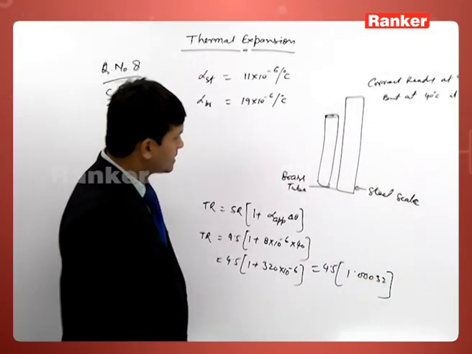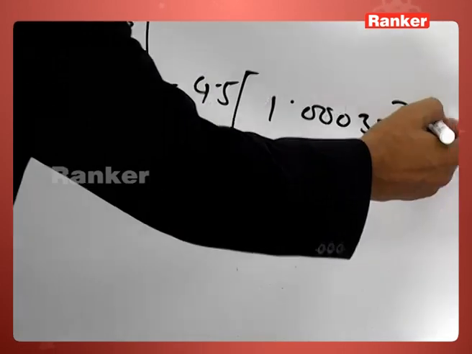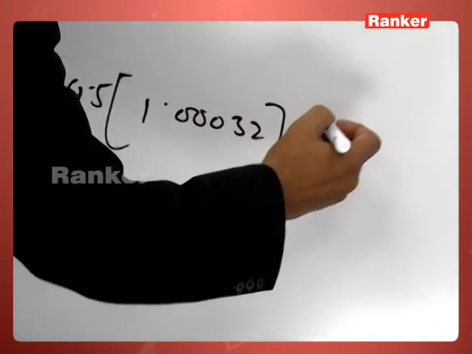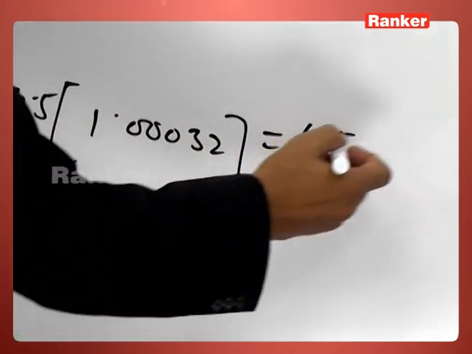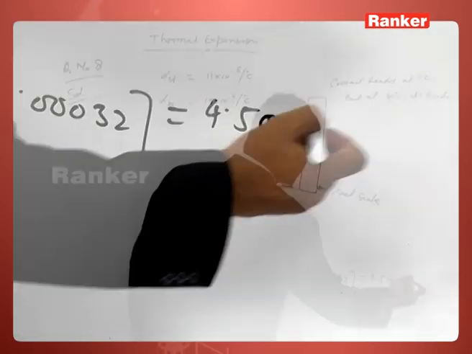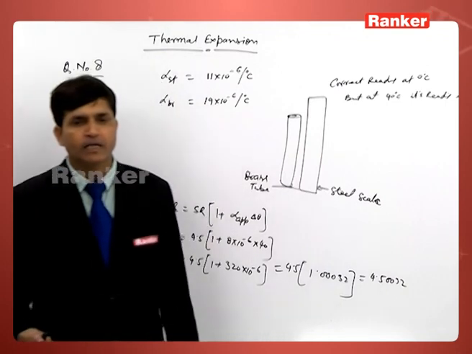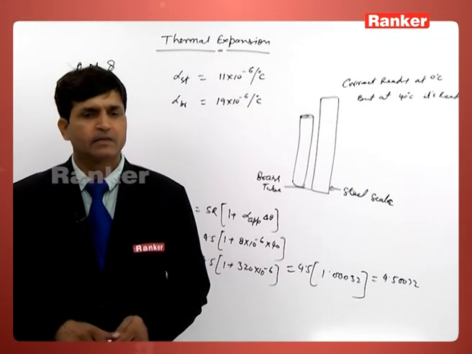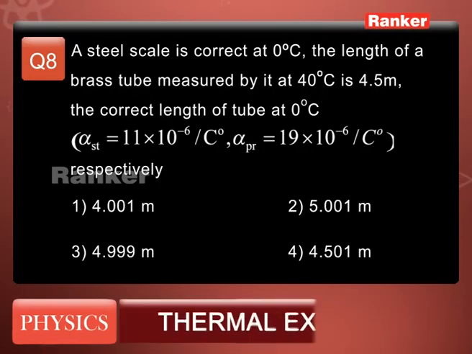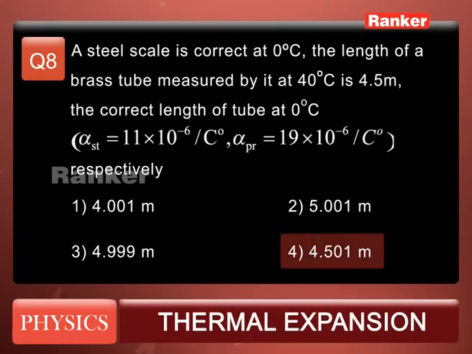So we can see from here that it is 4.50032. So the approximate value is a little bit more than 4.5. So our correct option is option number 4.